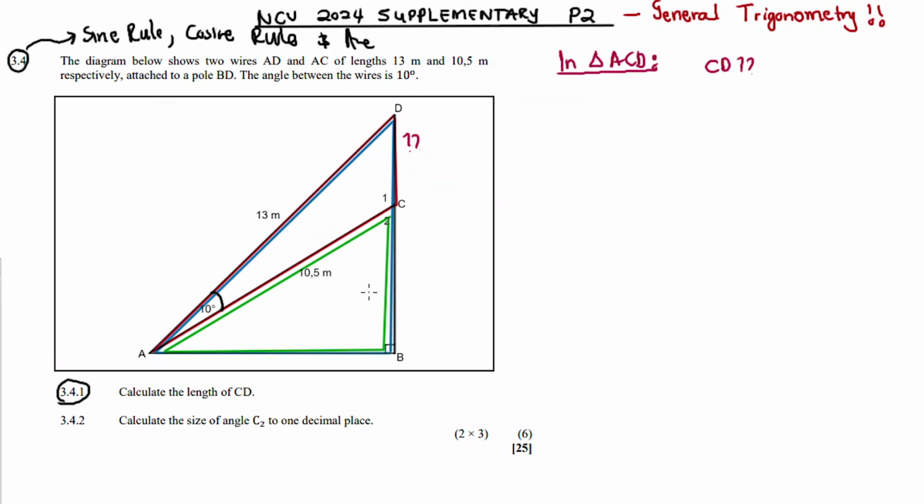Remember, there are 3 rules, but let's scratch out the area rule for now. You can use either the sine rule or the cosine rule to calculate the unknown side CD. But if you know your rules very well, you can see that you have two adjacent sides that are given and an angle in between.